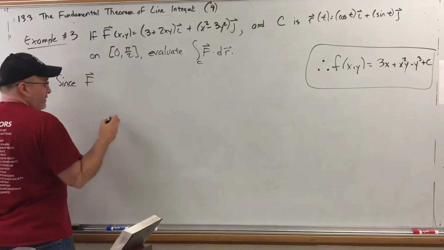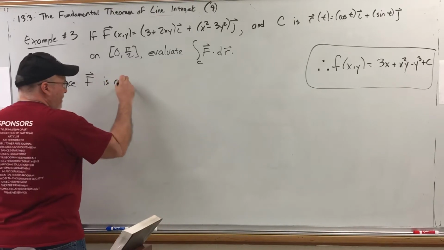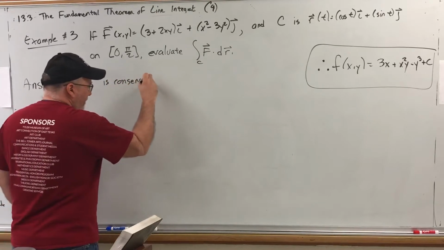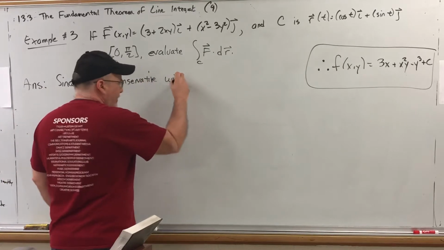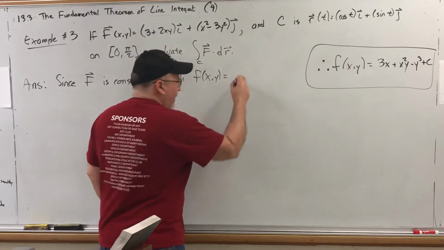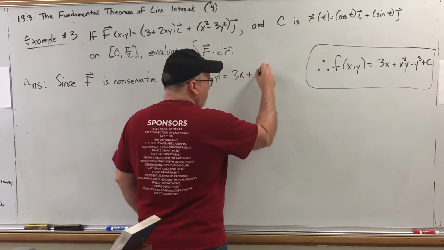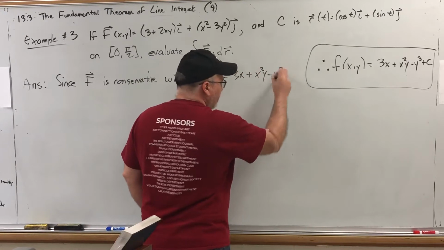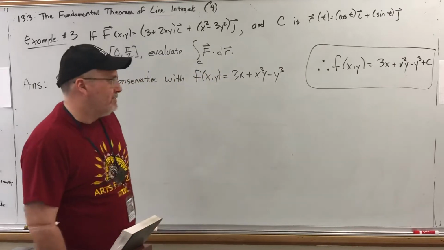Since vector field F is conservative, with its potential function being 3x plus x squared y minus y cubed, and again, the constant can be anything, so we'll just make it 0.